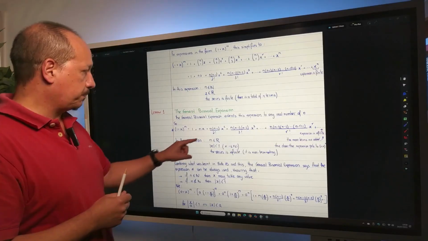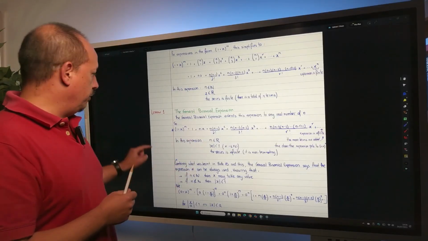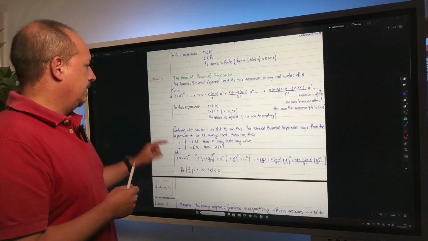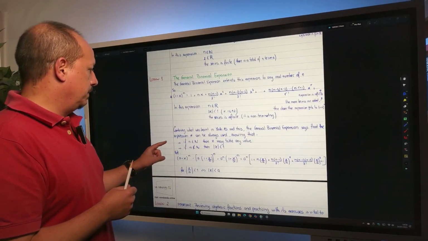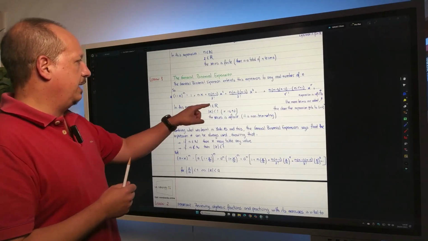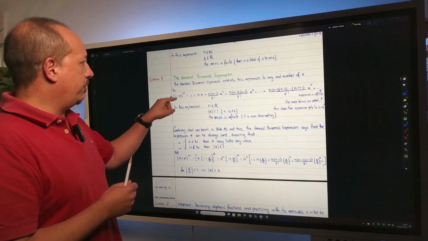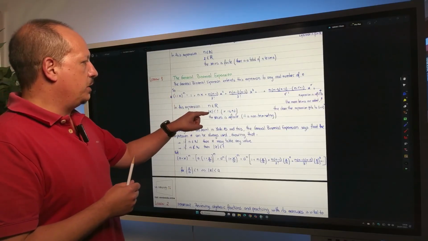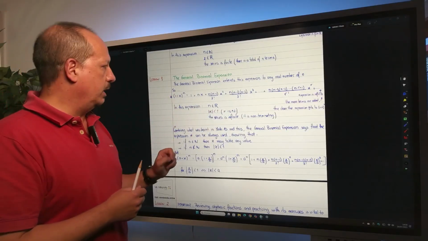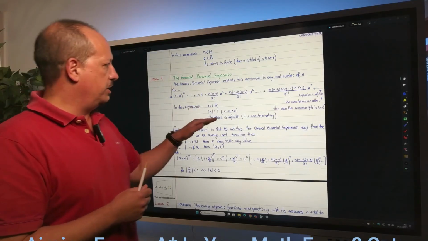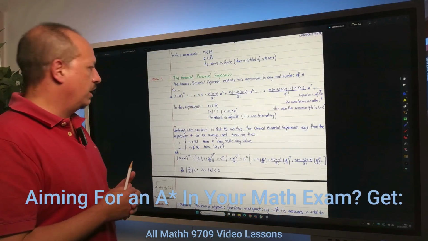Okay? So the new rules state that the N can take any value. Also, whatever X is must be comprehended between -1 and 1. And as I already mentioned, this series is infinite. It is not terminating.